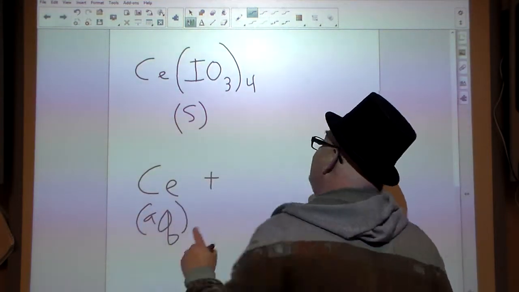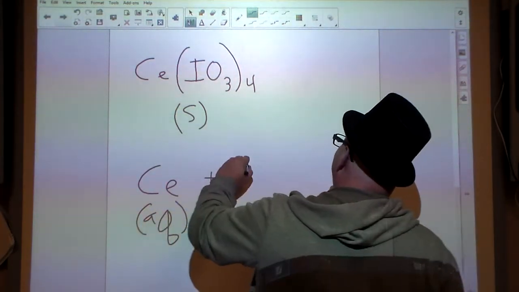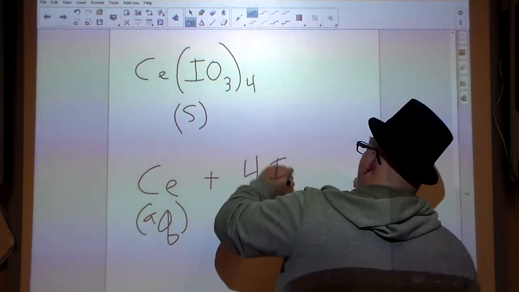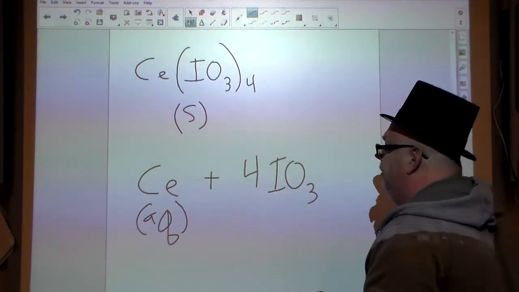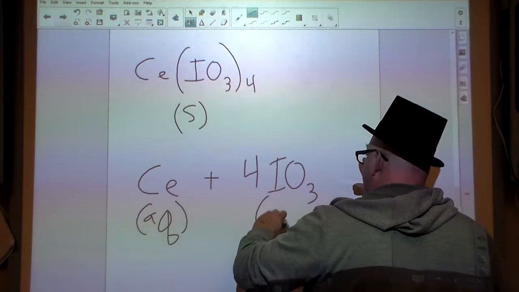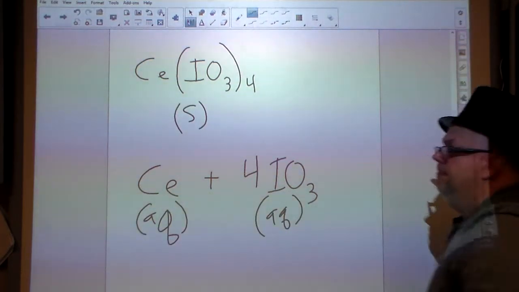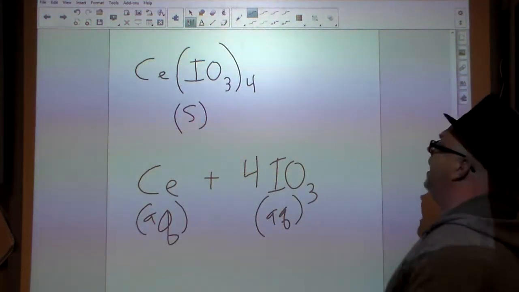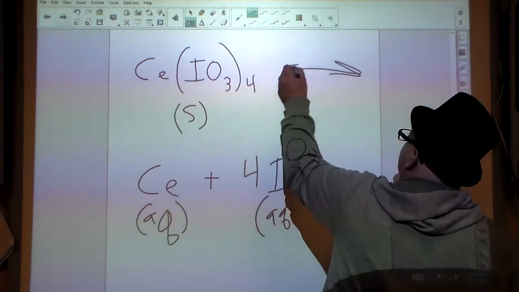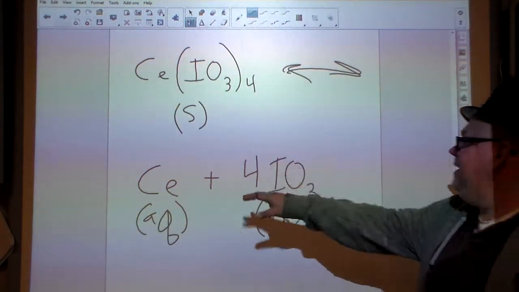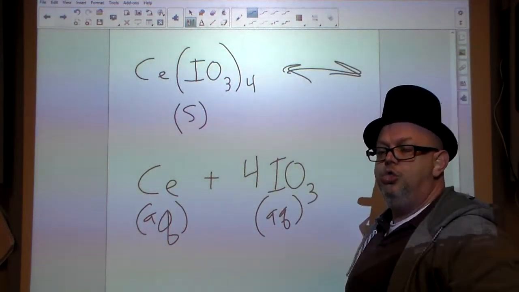Okay, plus in this case, you're going to have 4 of these IO3s running loose out there. That is going to be aqueous as well. So that's what's going to happen. It's going to go back and forth, okay, and you're going to get Ce plus 4 IO3.